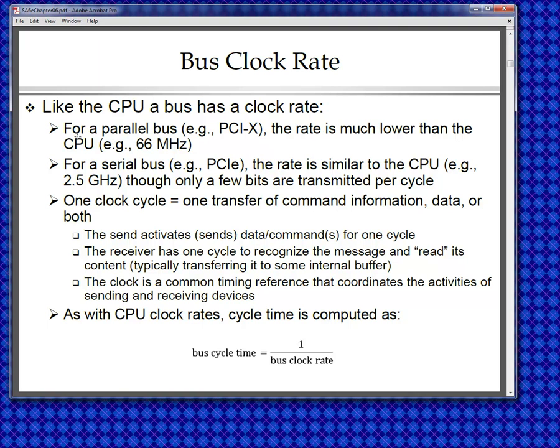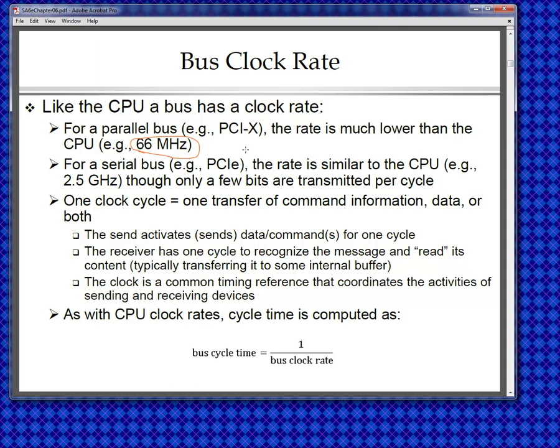So now let's talk about, back to the parallel versus serial bus. For the older style parallel bus standards, you've got a relatively slow clock rate compared to today's. I believe the PCI-X standard, which is what preceded the first serial version of PCI, maxed out at 66 megahertz. Maybe they took it to 100, I don't remember, but I think 66 is where they maxed out.